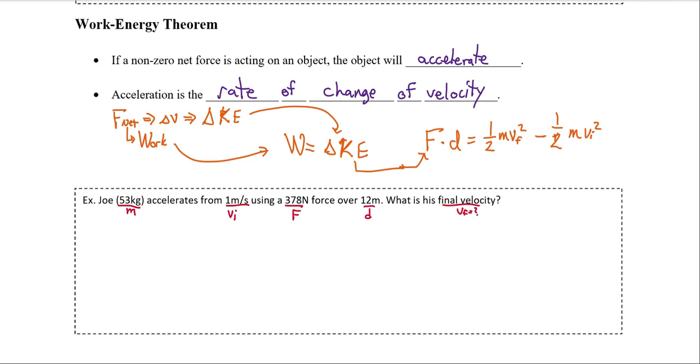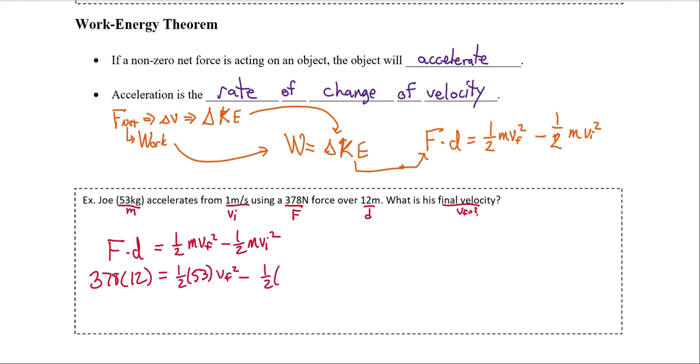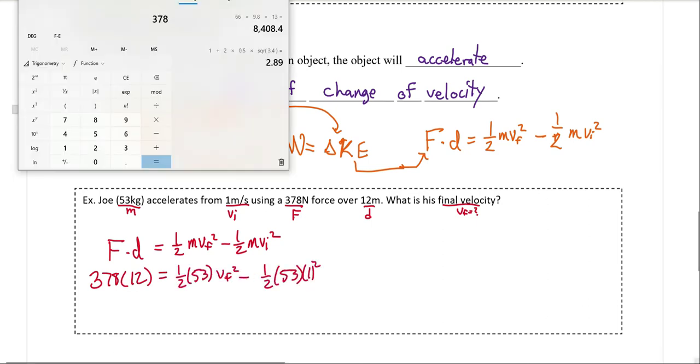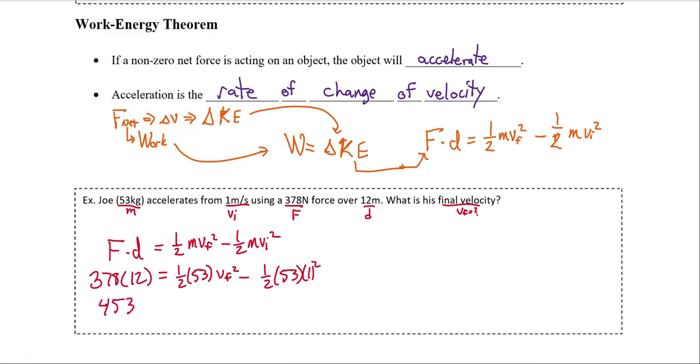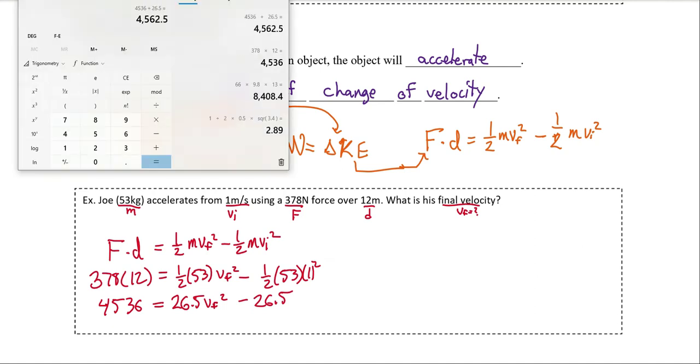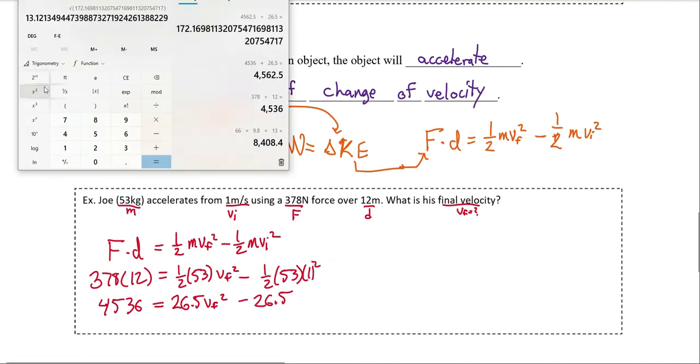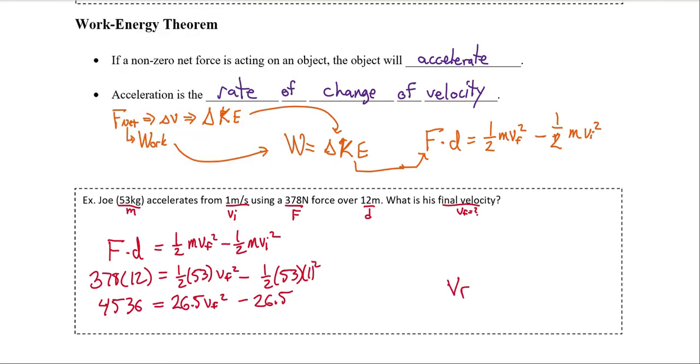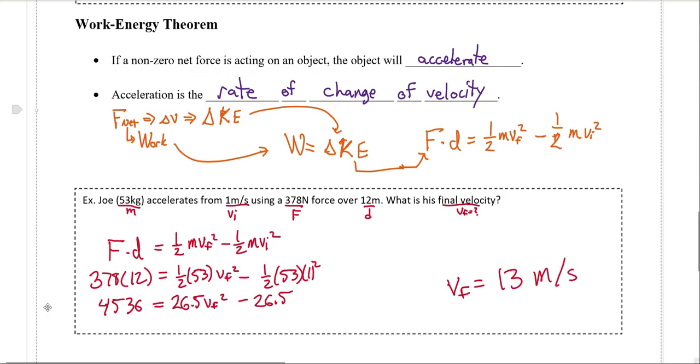This is where the work-energy formula fits perfectly, because the work used by force times distance is going to equal our change in kinetic energy. And all we have to do is plug in our values. And it seems that his final velocity is roughly 13 meters per second.